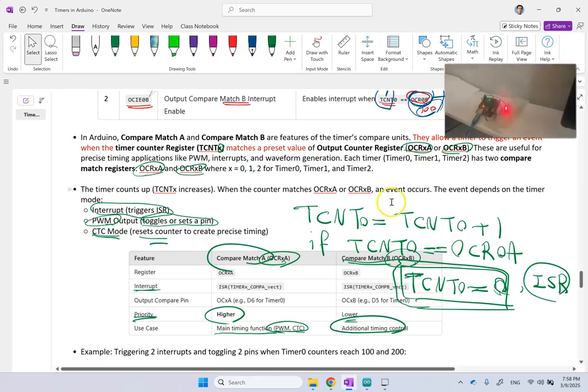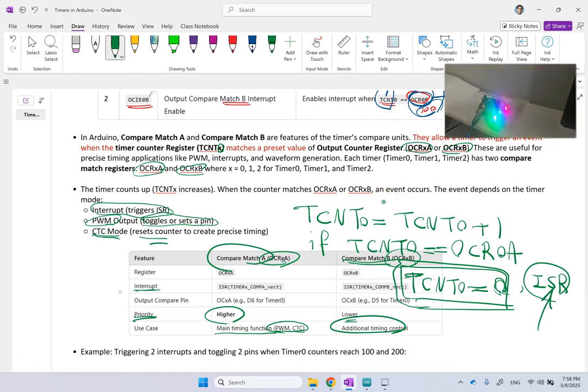By the way, what's the name of the interrupts that is being called when any of these two compare modes is activated? What's the name of that ISR? Here is the name of that ISR: TIMERX_COMPA_vect or TIMERX_COMPB_vect.